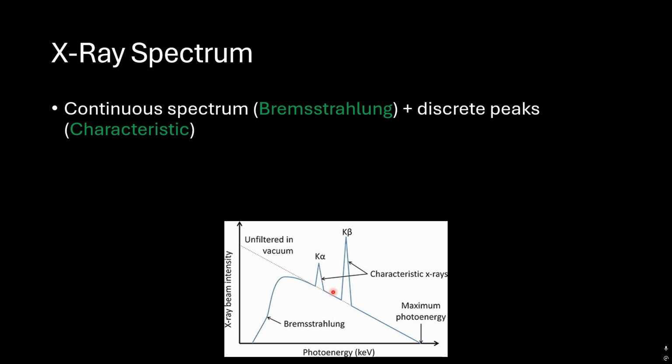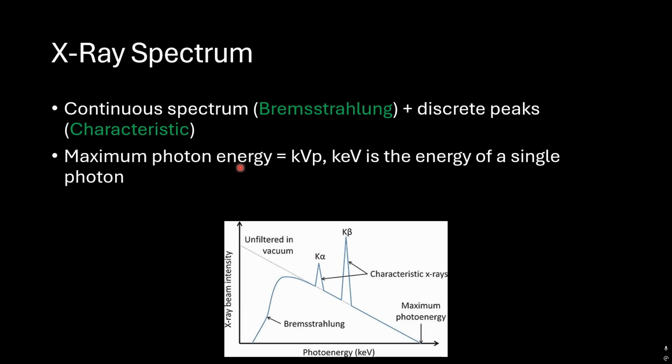We can see here our X-ray spectrum. We have the Bremsstrahlung causing a variety of energies with numbers of photons, and here we have the characteristic X-ray as discrete peaks in our beam. And the maximum photon energy will be here, and this is the one we select in our DR system. Maximum photon energy is equal to kVp. keV is the energy of a single photon, or the average.